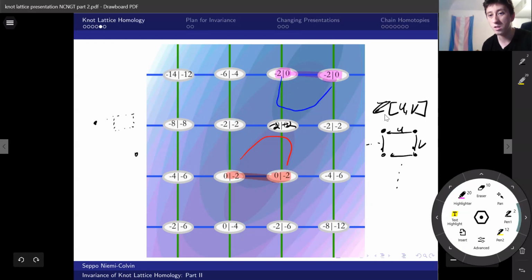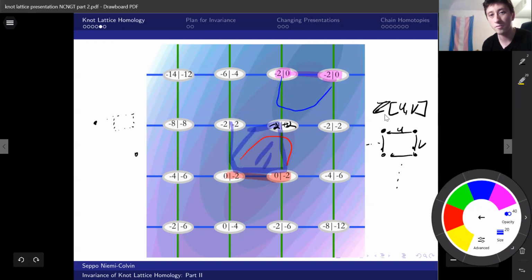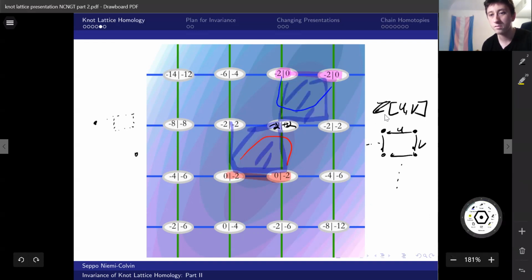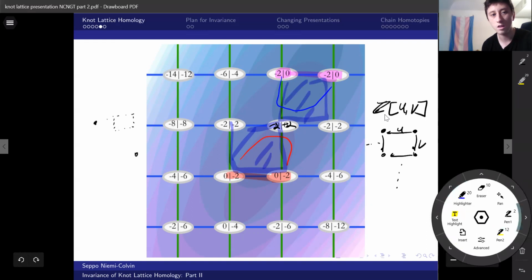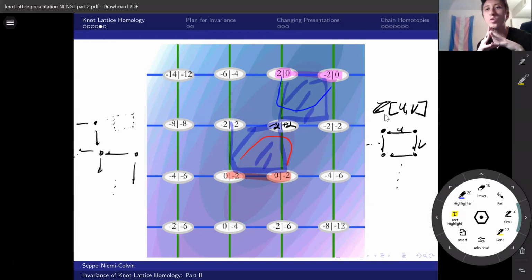And in fact, as we move on to -2, -2, it fills in like before. And this is a more complicated module, and looks in fact similar to the trefoil.